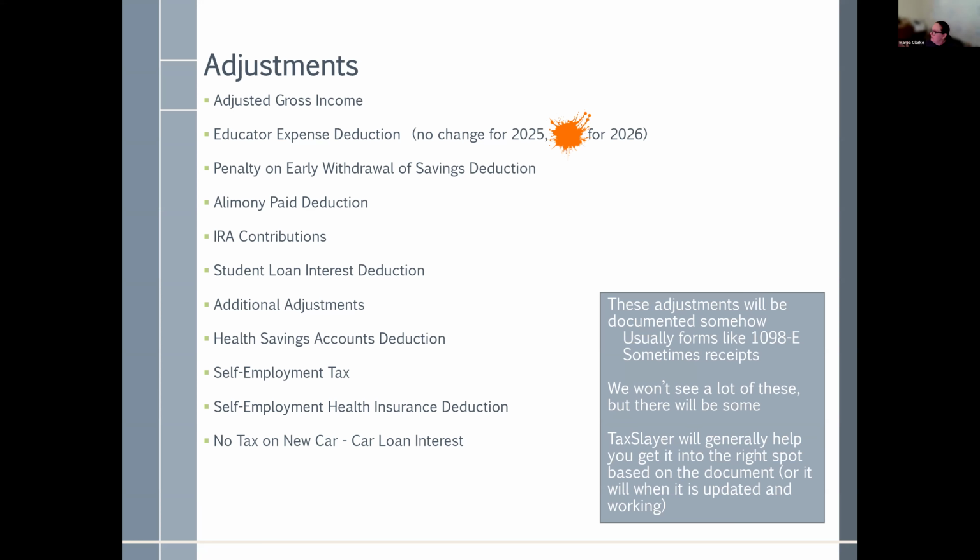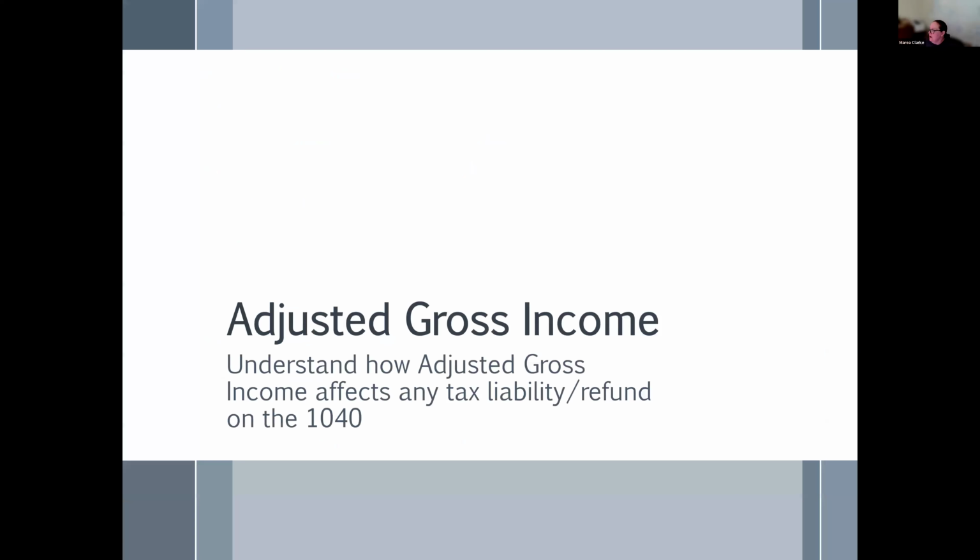Some of these have no changes at all. Some have no changes for 2025, but will change for 2026. Some are brand new for 2025 for the OB3. Again, they almost all come with some sort of an income document, so that makes our life a lot easier. So let's start walking through these.